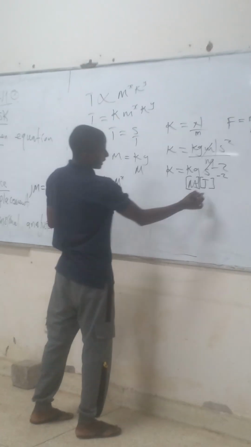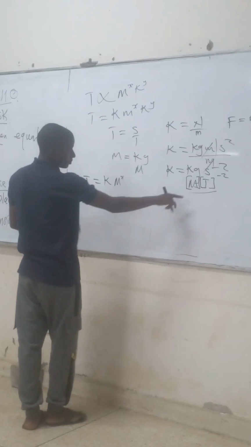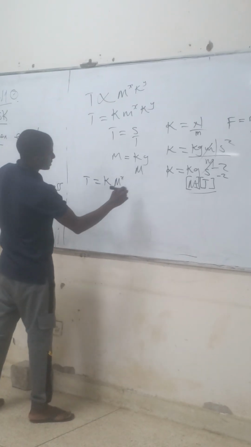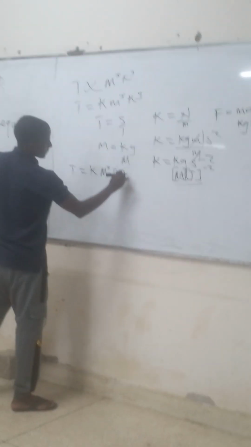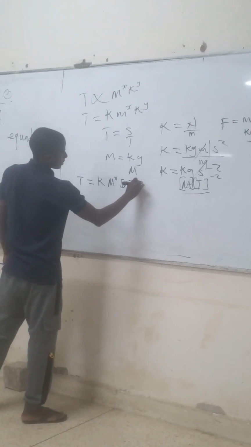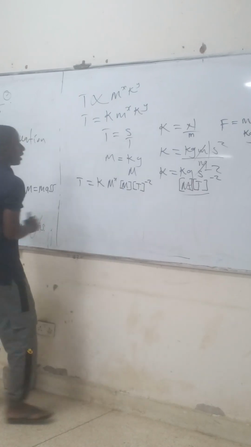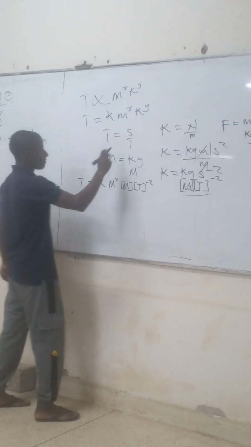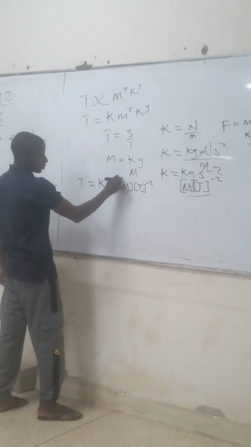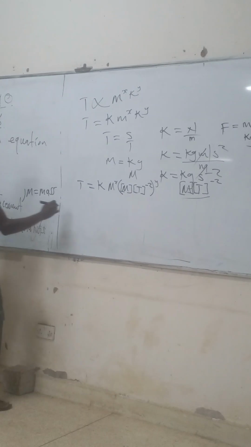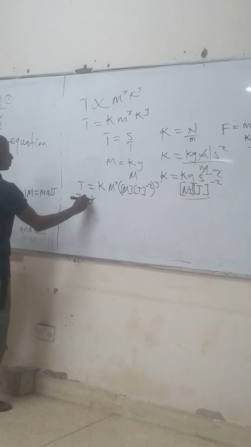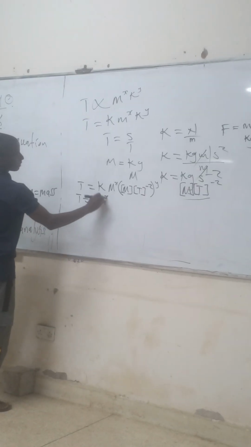You are going to obtain those values that you have put, that is the M. And then bear in mind that you are having y, so you put it in brackets and write y. So that is T = k m^x (...)^y.